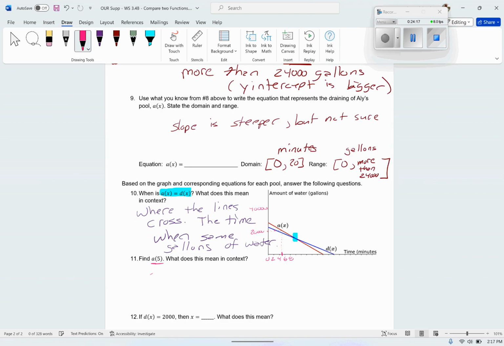So at A at 5, I think it is 20,000 gallons. So you notice I kind of came straight up and then straight over. Okay, so I think that's about 20,000.